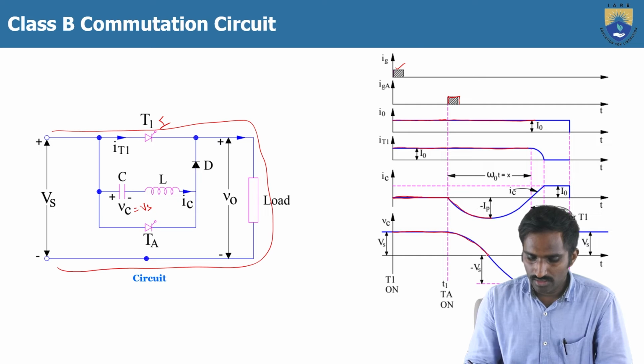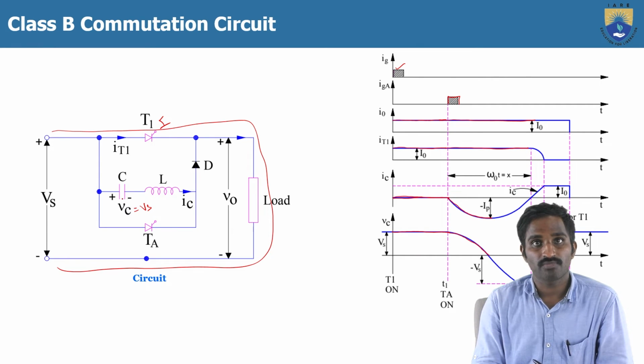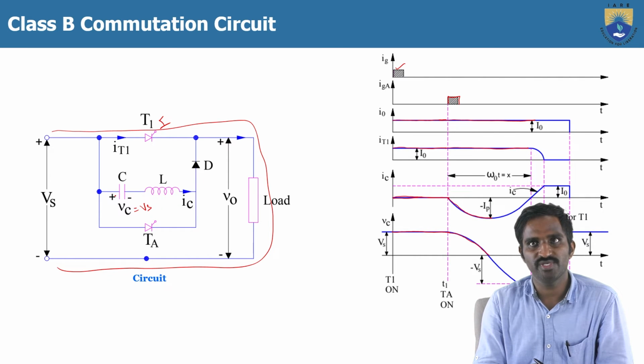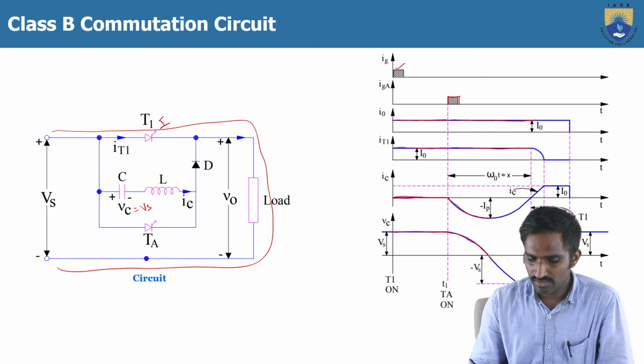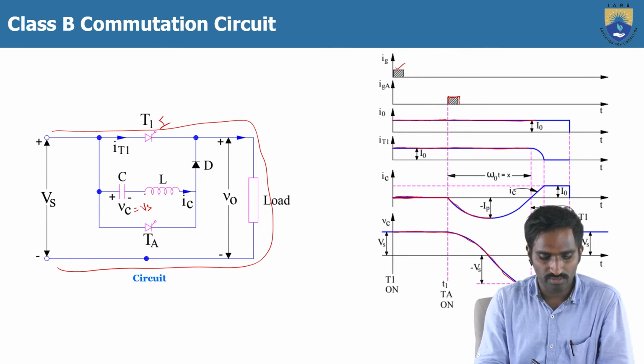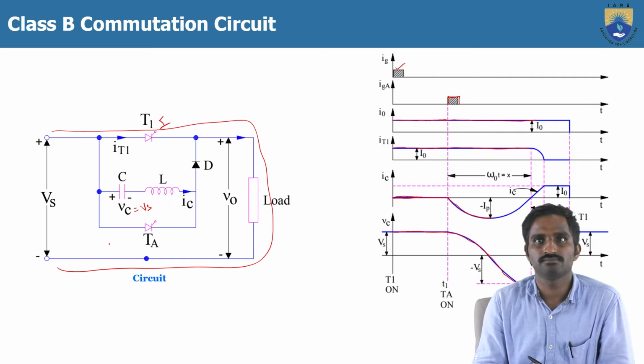But when it is discharged fully, the terminals have been changed to minus and plus. Then the capacitor will charge in the reverse direction, because the supply Vs is there.